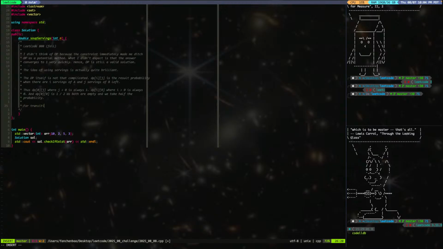For transition, dp[i][j] shall equal to 1/4 of dp[i-4][j] plus dp[i-3][j-1] plus dp[i-2][j-2] plus dp[i-1][j-3].